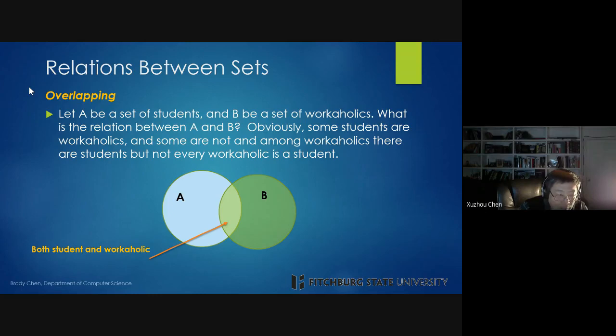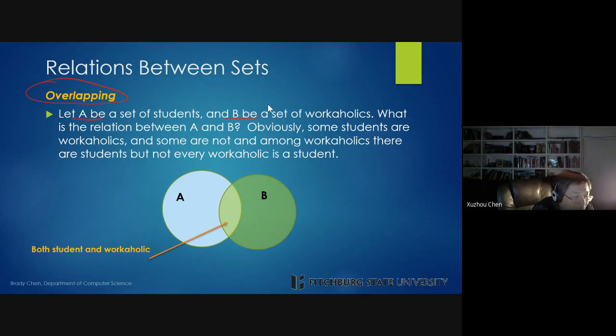Okay, but however, they share some of the elements. Now this is called overlapping. Again, we can define two sets. A is a set of students. B is a set of workaholics.